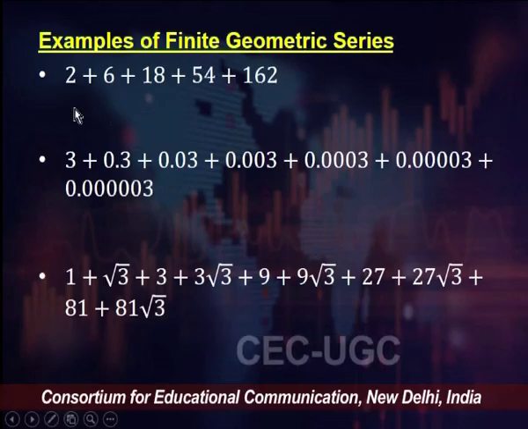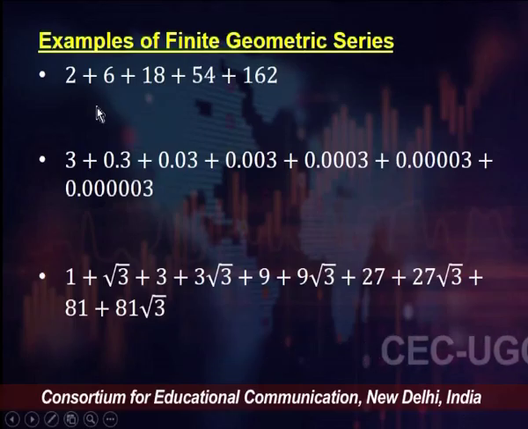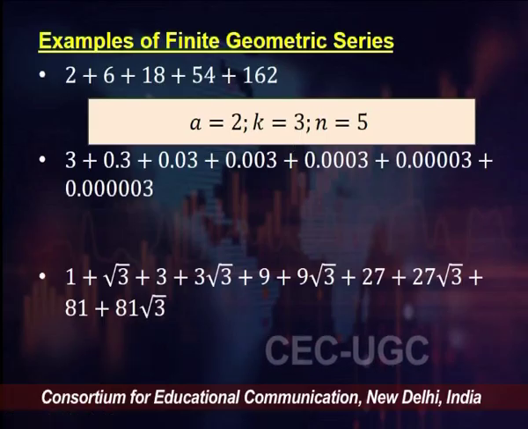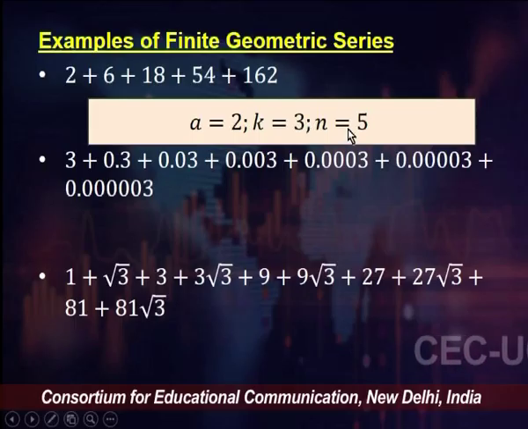So, in the first series, you can clearly see that the first term is 2, right? The common ratio is 3, because 6 by 2 is 3, or 54 by 18 is 3. So, in this way, you can check for each pair of numbers where you get the quotient as 3. And clearly here, the number of terms in this series is 5.